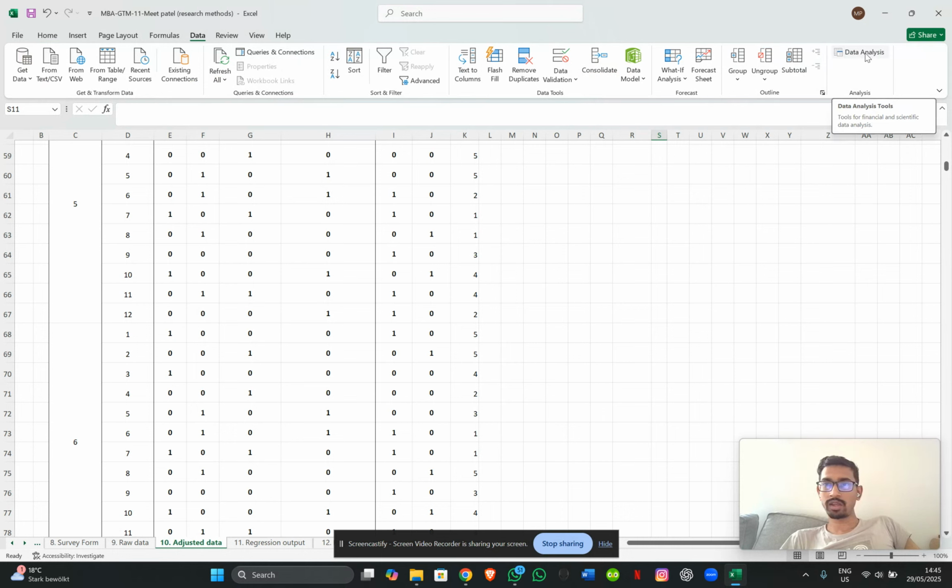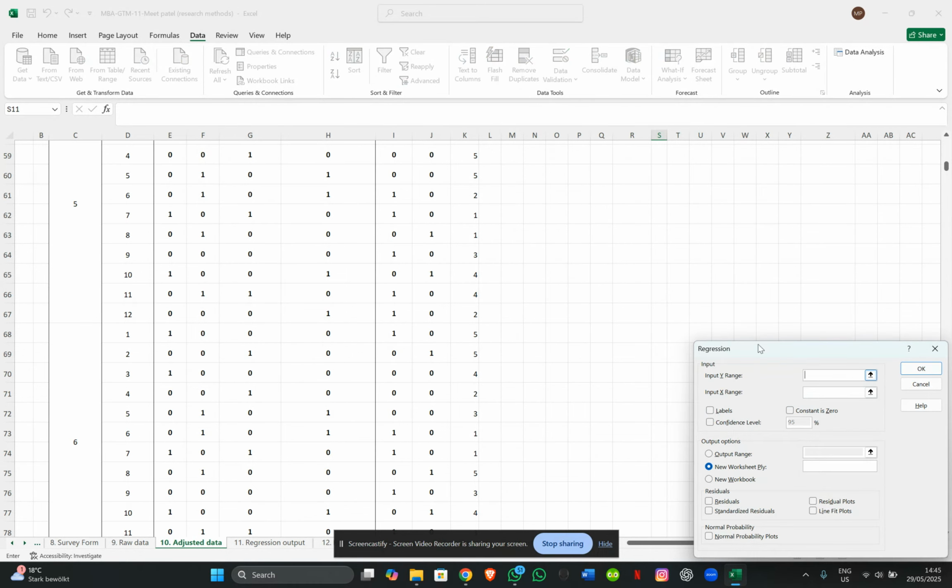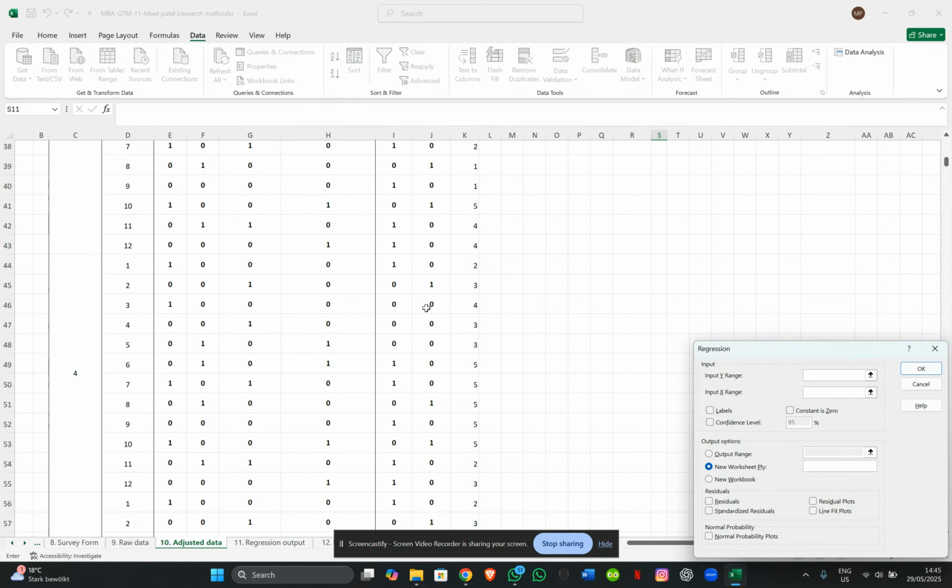In Data, there is an option for Data Analysis. Then I scroll down to Regression.